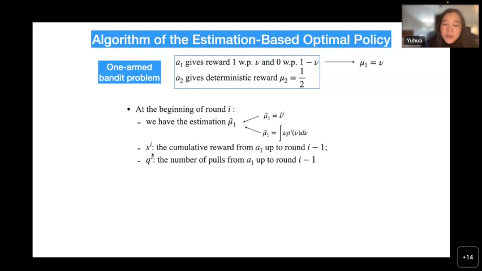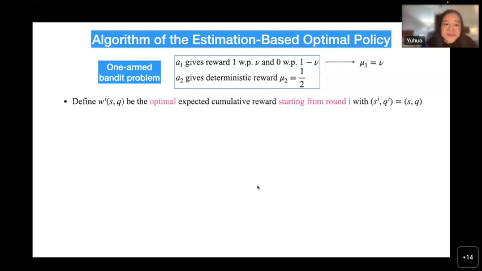And we have some history data, represented by the cumulative reward S of the unknown arm up to round i minus 1, and the number of pulls Q of the unknown arm up to round i minus 1. Now, how do we compute which arm we should pull based on the history data?